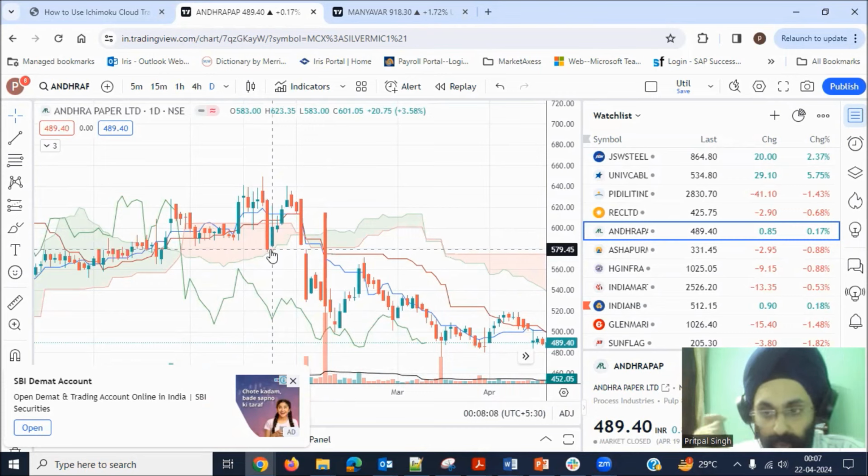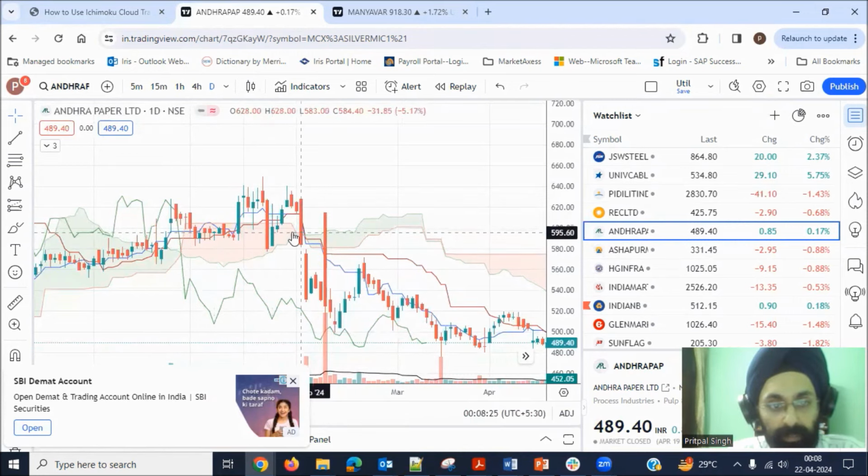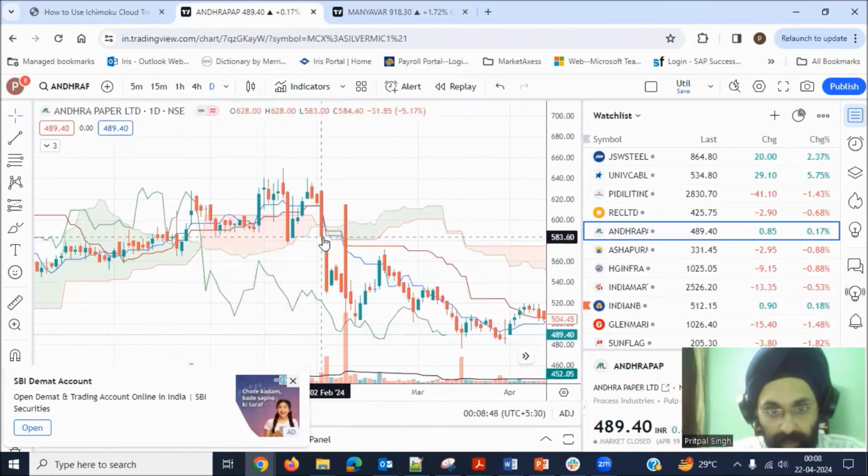A green cloud usually indicates that the price is trending in an uptrend, and a red cloud gives the indication that the price is in a downtrend. Here you see that the price was trading sideways, but in the last few candles it had turned very bearish. This was the candle which gave us the cloud breakdown signal, and it was a strong red candle, as you can see here in the chart.